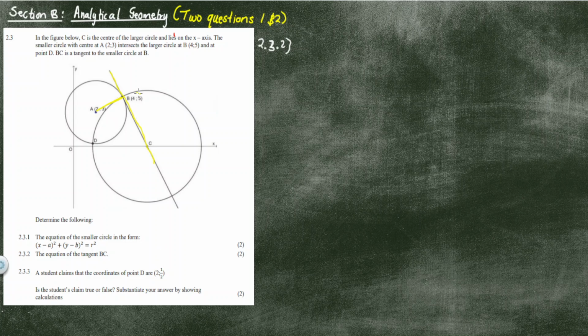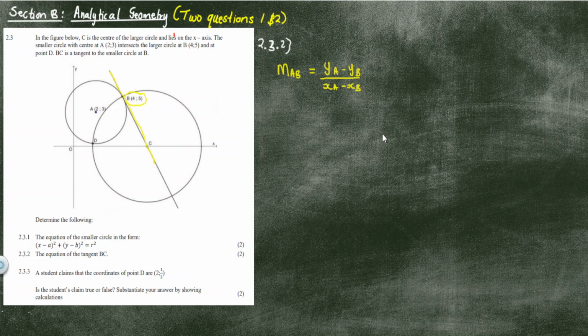Then you use that gradient and this point to find the equation of the line of the tangent BC. So gradient AB is equal to YA minus YB over XA minus XB.